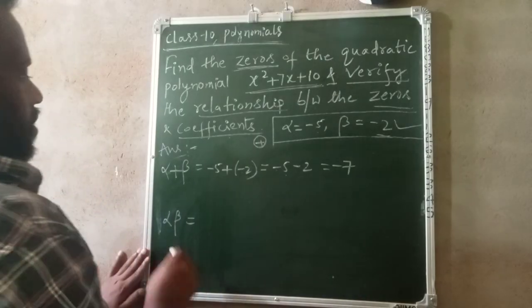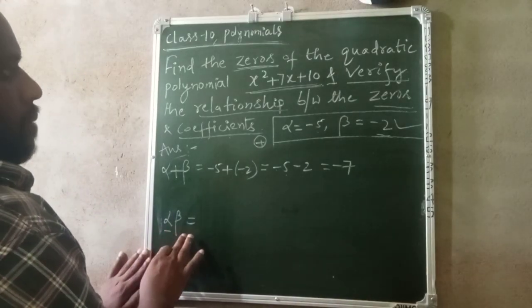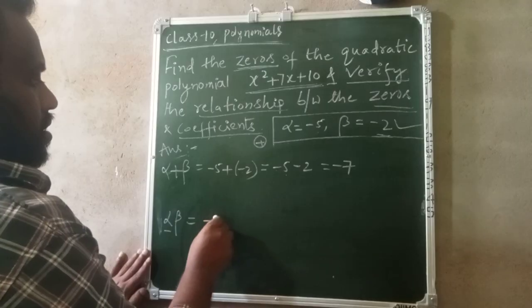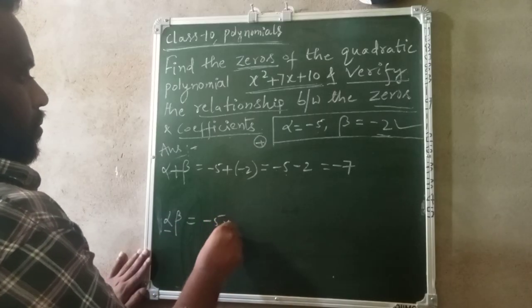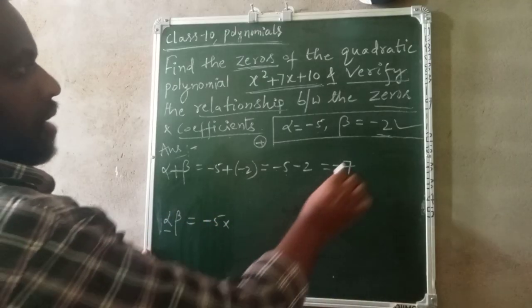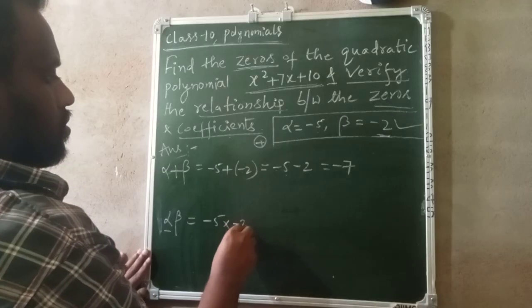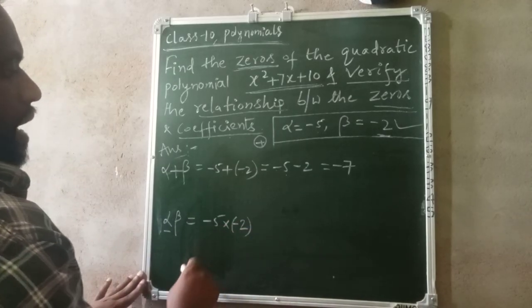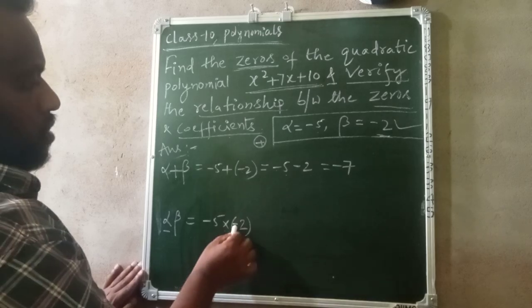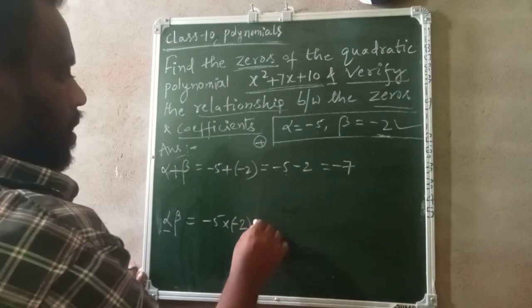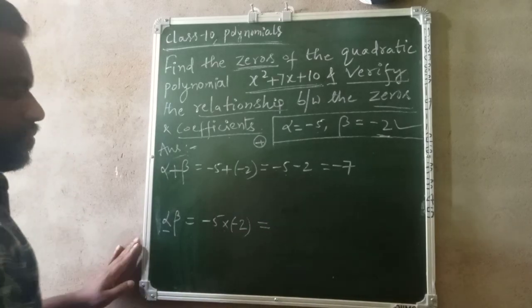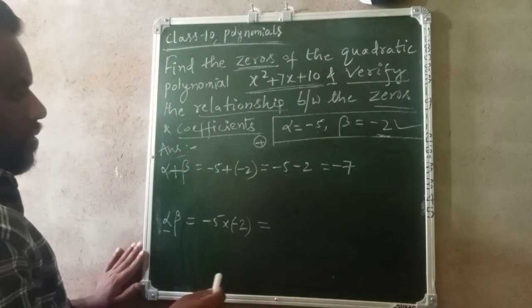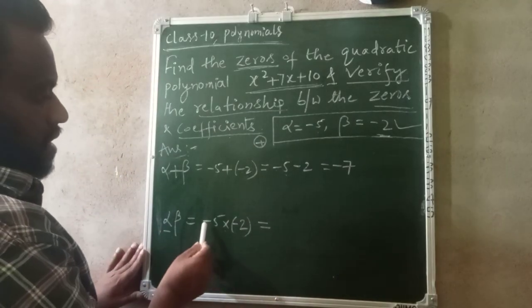Okay. Next, we have to find alpha beta. Alpha is what? Minus 5 into, here nothing is there means into is there. Beta means minus 2. For minus 2 I will put bracket because two signs should not come together. Next, what will happen? We are multiplying. First multiply the signs.